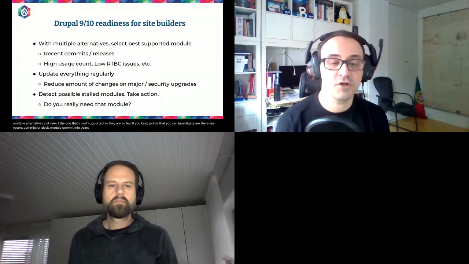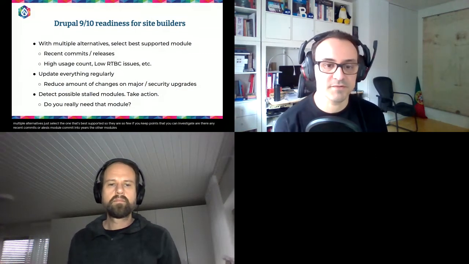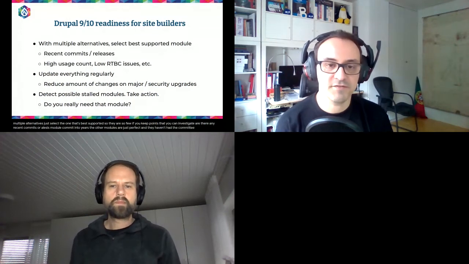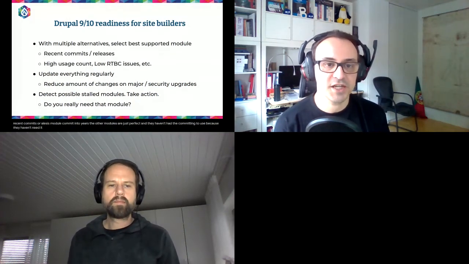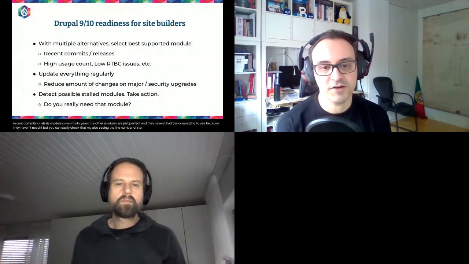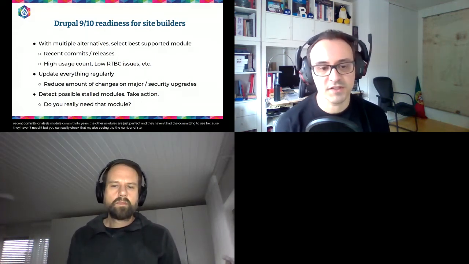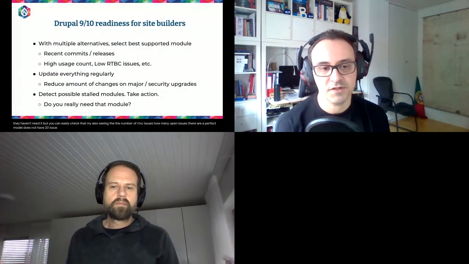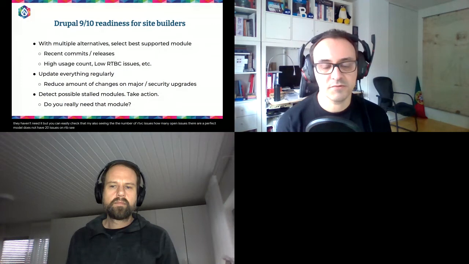On the other hand, some modules, they're just perfect, and they haven't had a commit in 2 years because they haven't needed to. But you can easily check that by also seeing the number of RTBC issues, how many open issues there are. A perfect module does not have 20 issues on RTBC waiting for the module maintainer to pay attention.